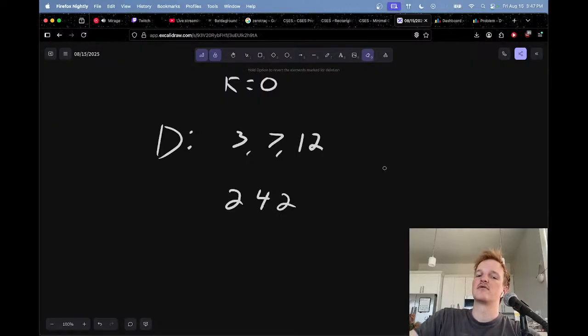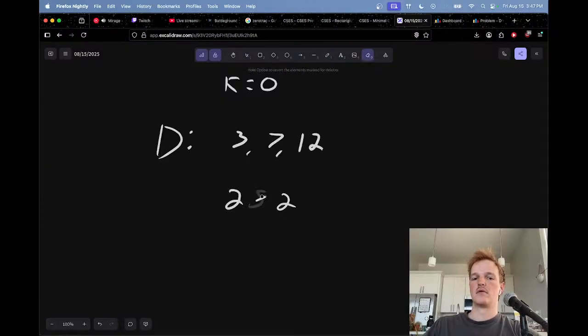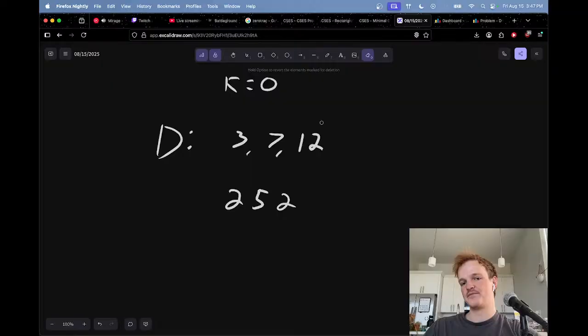Let me think about this. 242? 20 times 12 is 240, so 252. You would have to change them all to this. So I don't think it's good enough to say just get rid of it, because then you'd wind up with an array of length 1, but you would have to get rid of this too.